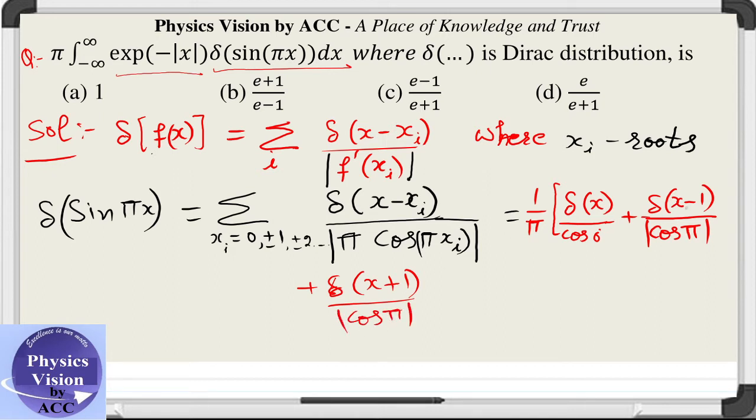Here xi is equal to 1, here xi is equal to minus 1.